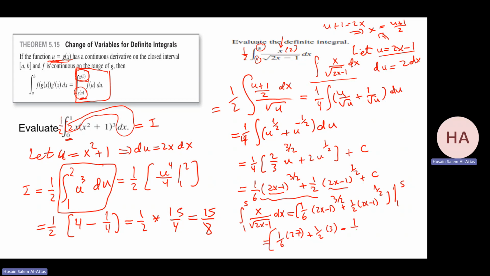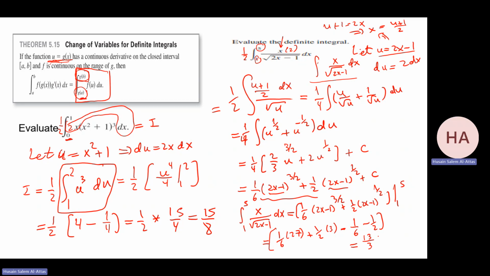That will be easier. 1 over 6, this is minus half. So my answer is what? I have 27 minus 1, 26 over 6, which is 13 over 3.